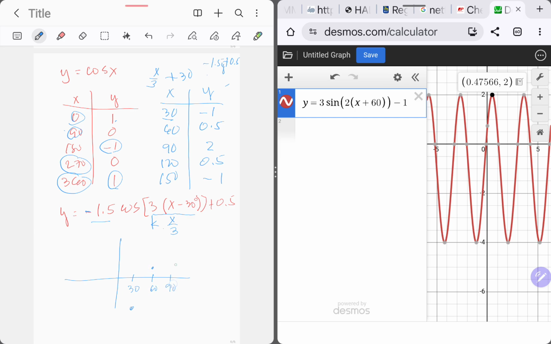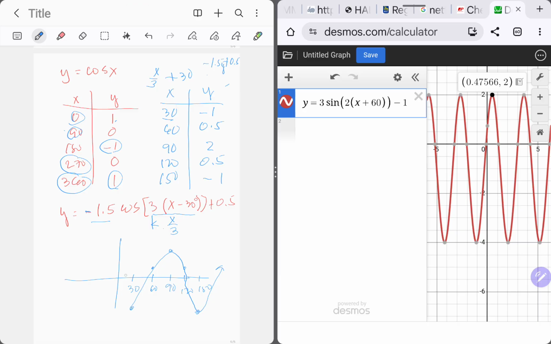If it's 90, it's 2. So let's say 2 here. If it's 120, this is 0.5. And if it is 150, this is negative 1. Say here. And then all we need to do is, of course, to plot this one here. There you go. And the same thing, all we need is to put an arrow there.